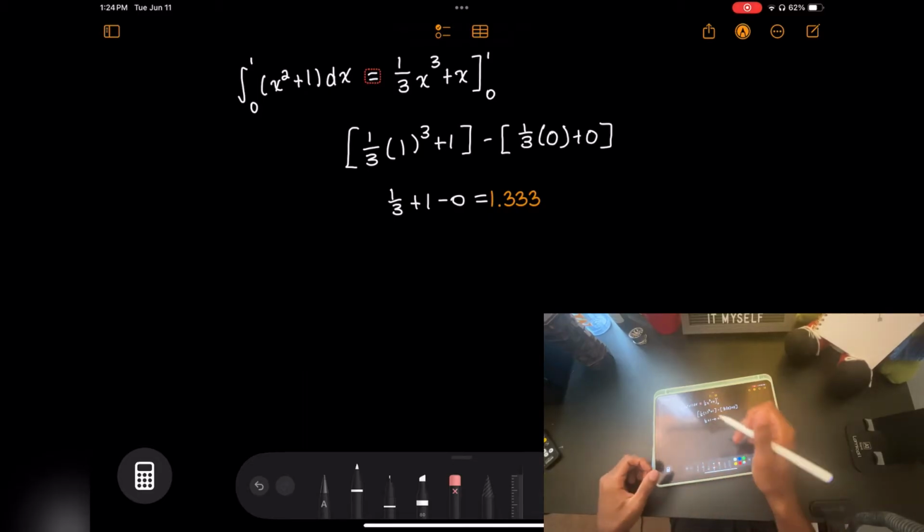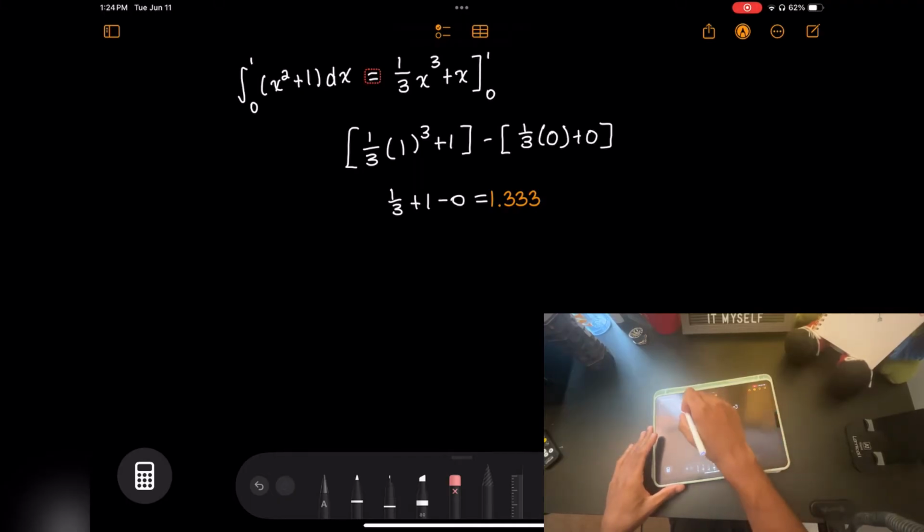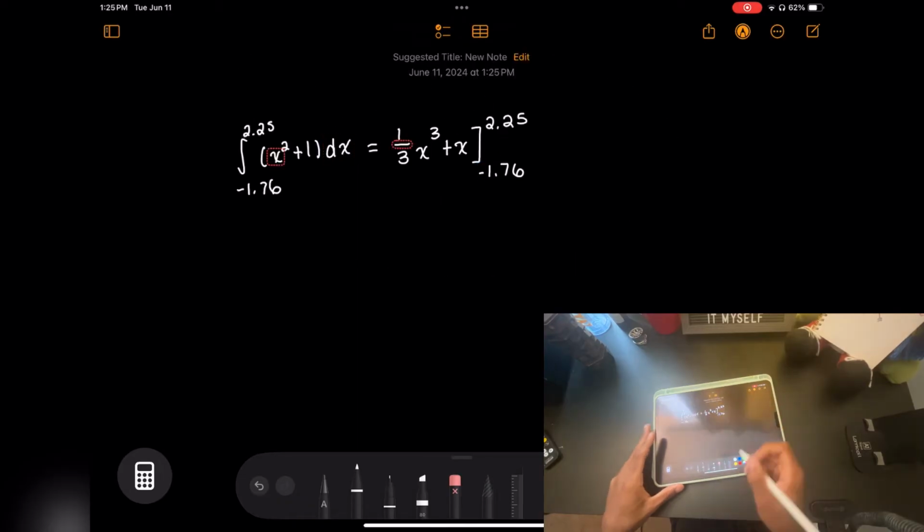That's all fine, but obviously you can do that in your head. What really comes in handy is when the limits aren't so easy. So let's do the same example in a different case and change these limits. This is going to equal the same kind of formulaic answer that we just got before. So 1/3, and then instead of having 1 there, we're going to have 2.25 to the 3rd power plus 2.25.